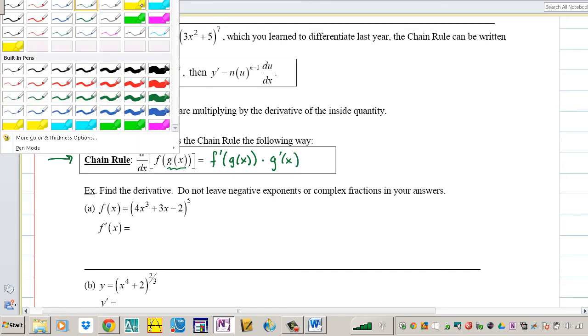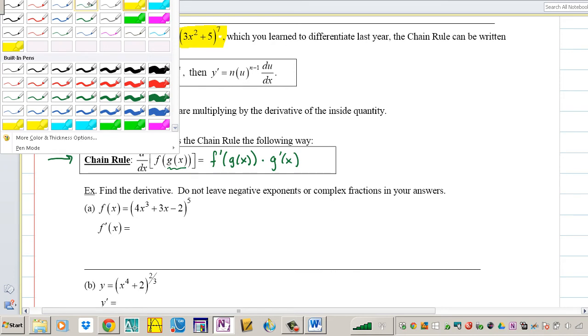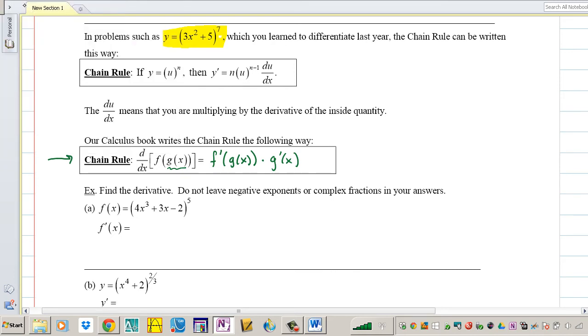For example, let me do this problem right here. Imagine taking the derivative of this, having to FOIL 7 times, and then taking the derivative of each term. Well, let's use the chain rule. What appears to be the inside function? The inside function is my g.